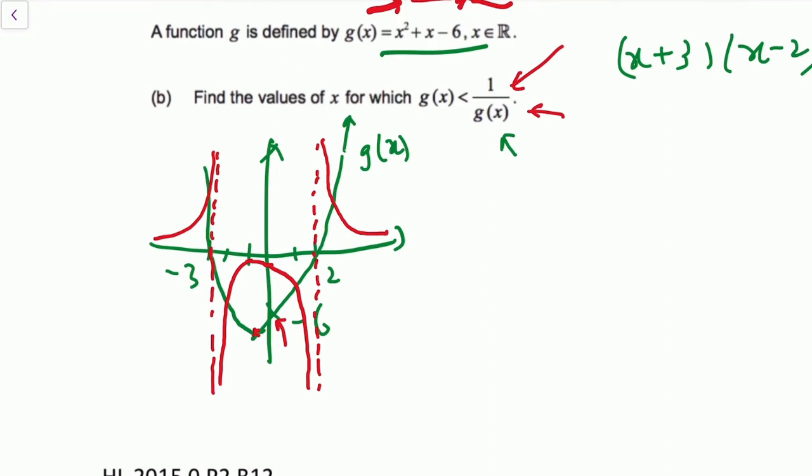And so the question is, when is g(x), the original graph, below the 1 over graph? So I think it is pretty much from here to -3. Can you see the purple bit?